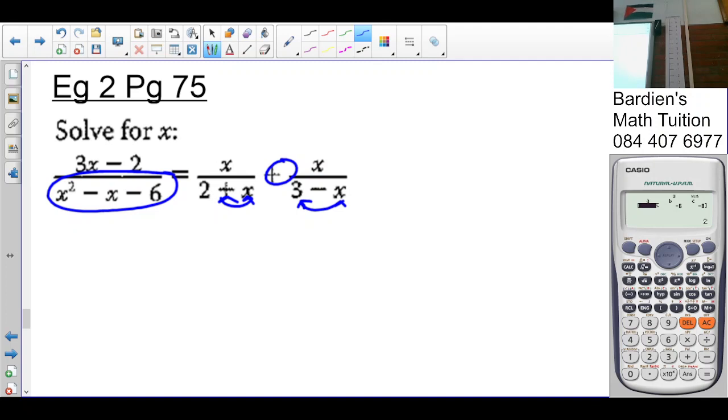Find the LCM and the restriction for me quickly. Finish? No, not yet? Okay.